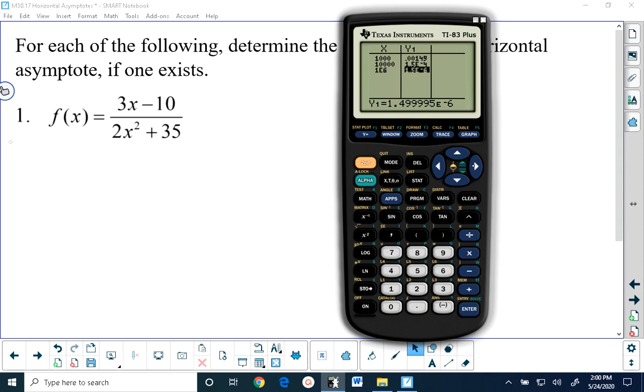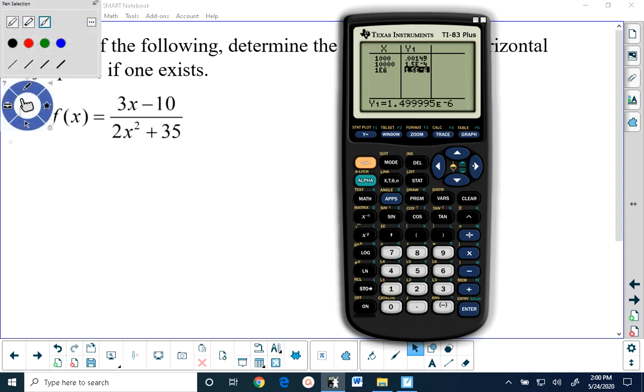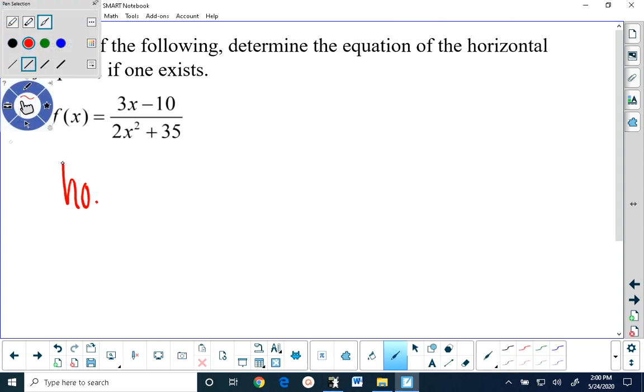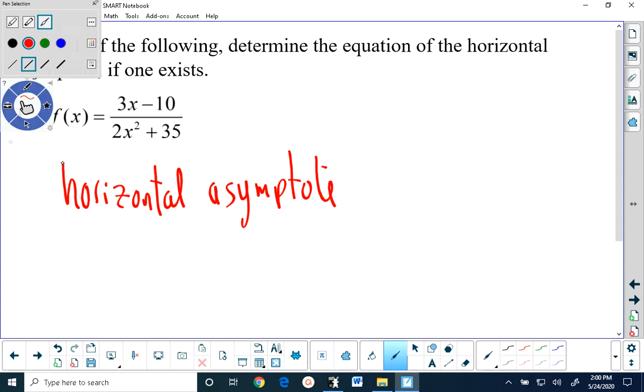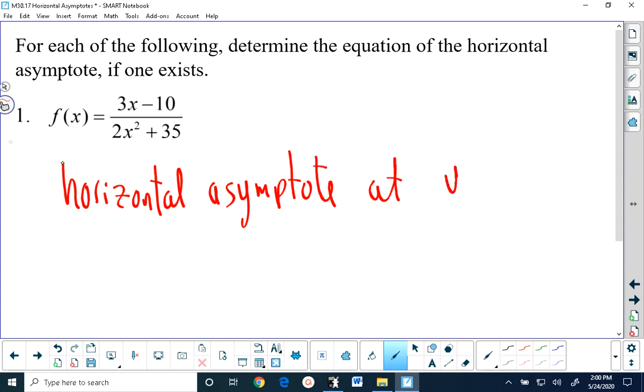So we conclude that there is a horizontal asymptote at y equals 0. As I've said, this is a very clunky method. Before I give you the rule and we finish off the other examples, I'm going to take a look at what the graph looks like.